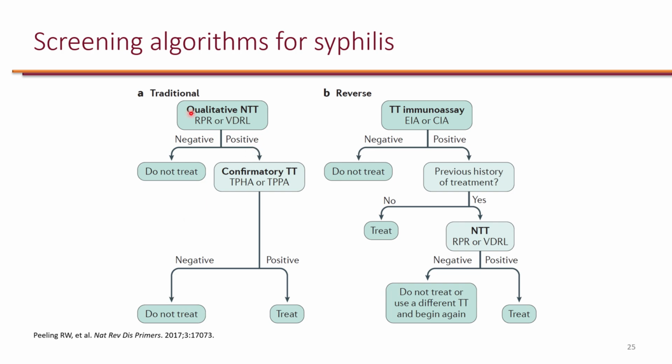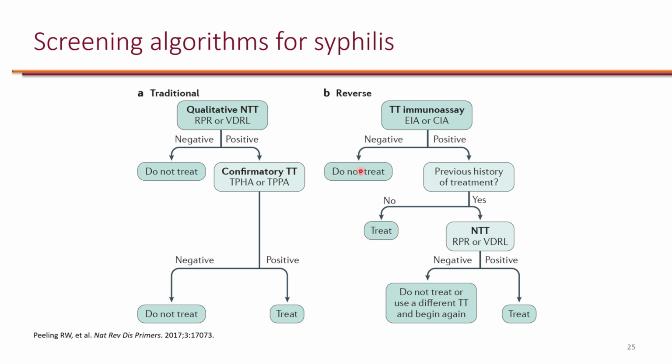The problem is these tests are not perfect. So when your RPR is negative, there's a chance that this might actually be a false negative and you may miss some people. So then there was the reverse algorithm where you do the opposite. Instead of starting with the non-treponemal test, you start with your treponemal test, and if it's negative, you do not treat.